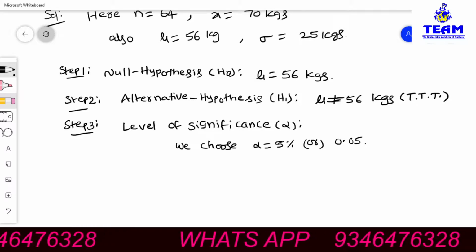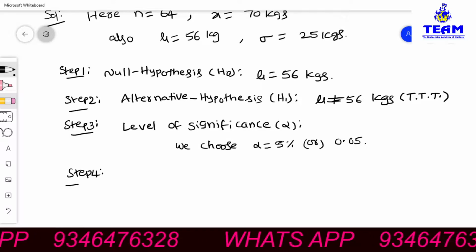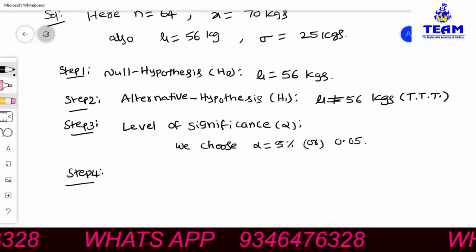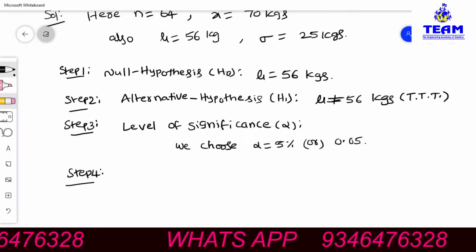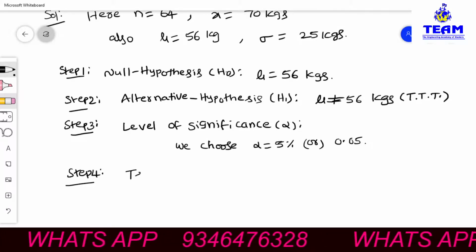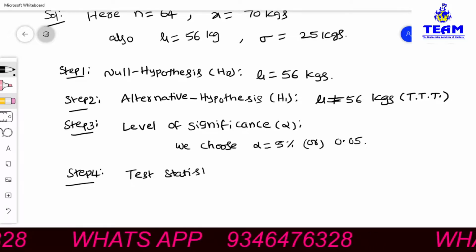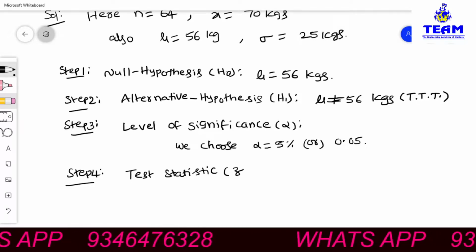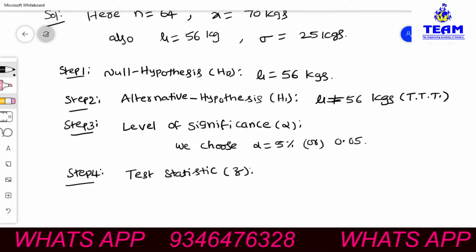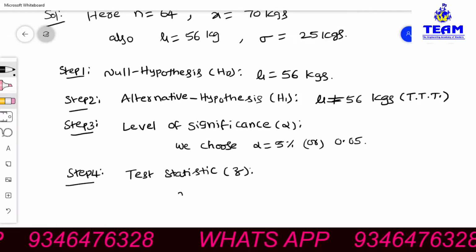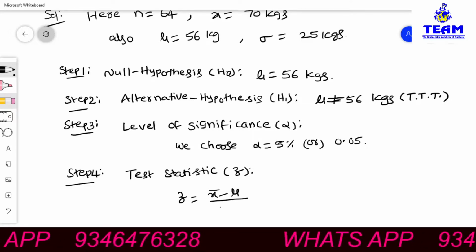Now I would like to go to the important step, step 4. Step 4 is the calculation part, which decides the calculation as well as the method suitable to the given data. This is called the test statistic. Generally the test statistic is represented with Z, and for the given information we know Z is equal to x bar minus mu divided by sigma by root n.